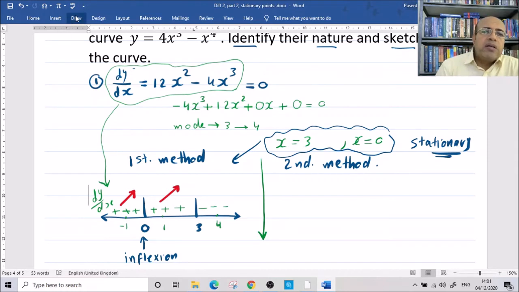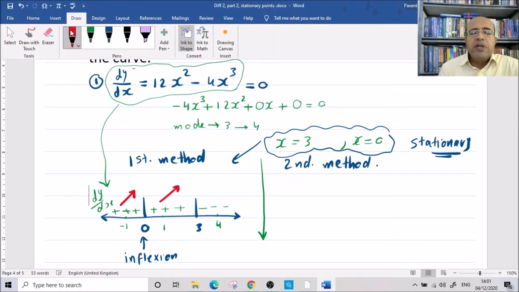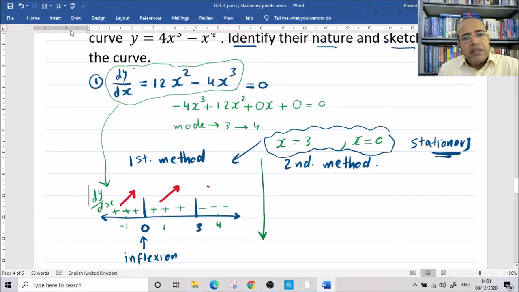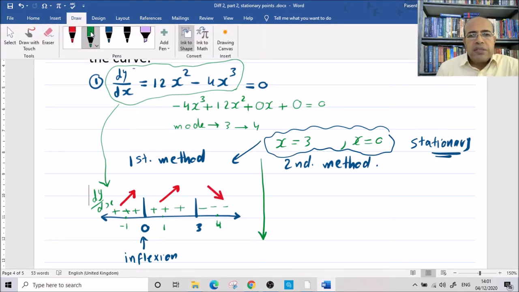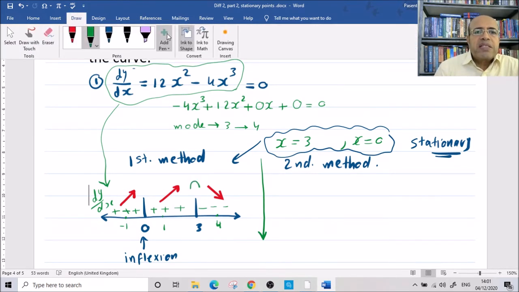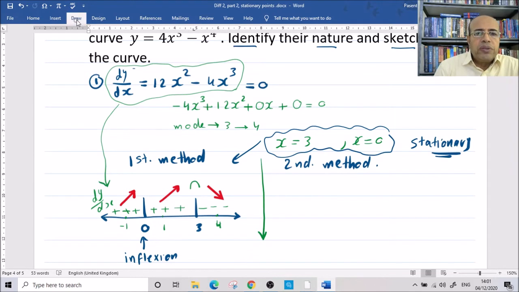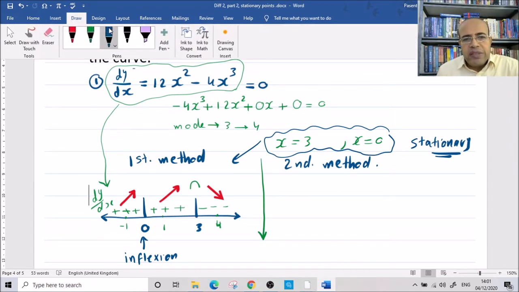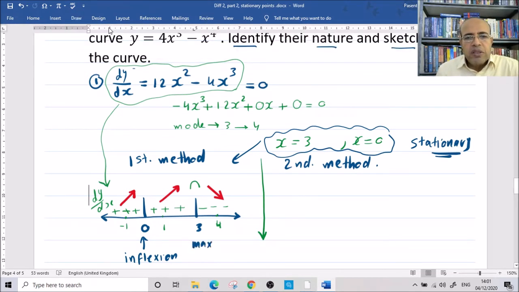So dy by dx is negative. So the function is decreasing. What you can see here, this is going up and this is going down. So this point at x equals 3 is a maximum point. This is the first method.